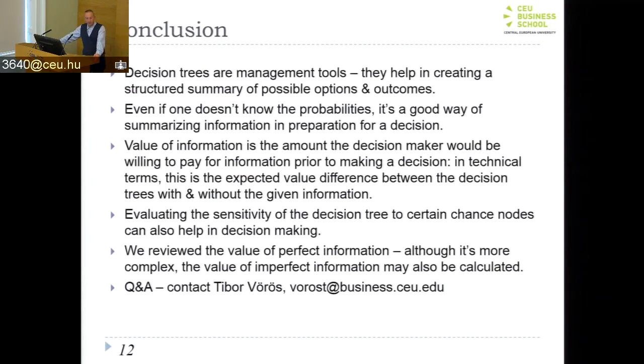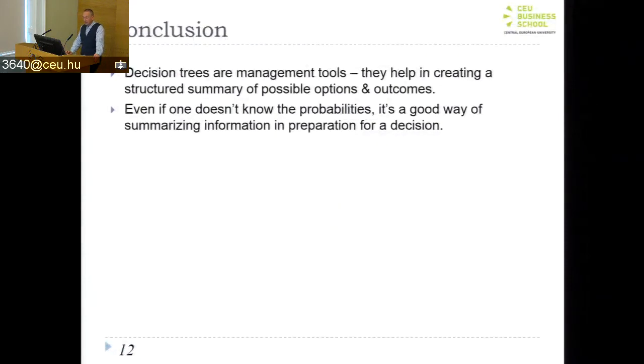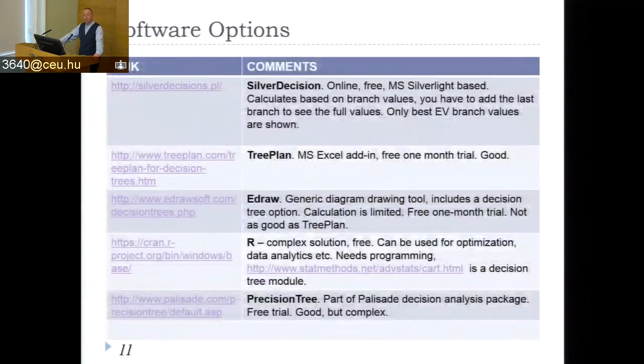Okay, so now let me answer the questions. One of the questions, and once again we will send these slides to you. There are a number of different software pieces that you can use to actually test your decisions or see how they are calculated. I put the links there.